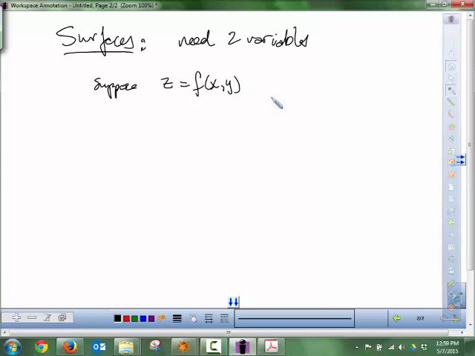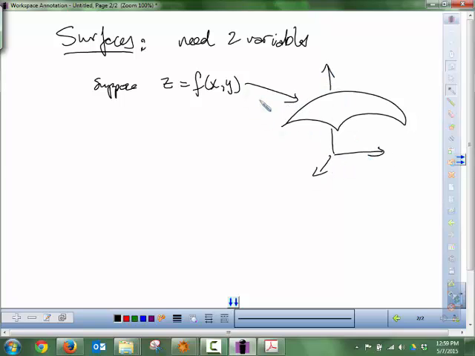You know how that looks, right? And when you have a surface, a lot of times, especially with these integrals that we're dealing with, we want to restrict it to a specific domain. So we'll restrict it to a specific domain. Let's just, to make it easy for ourselves, look at a rectangular domain.